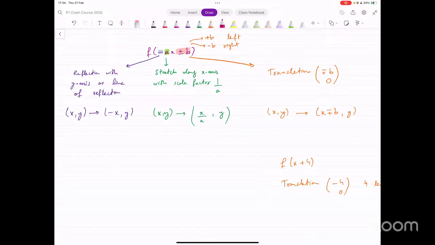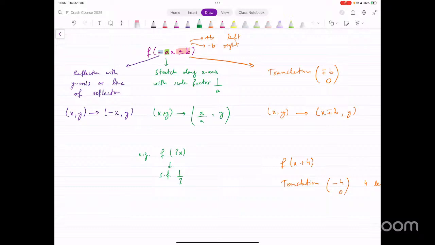If you have some number multiplied, that means it's a horizontal stretch along x-axis with scale factor reciprocal of that number. Okay, so if you have, for instance, f of 3x, that means the scale factor is 1 over 3. It's a horizontal stretch with scale factor 1 over 3.